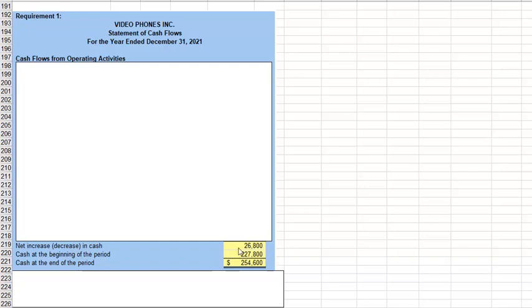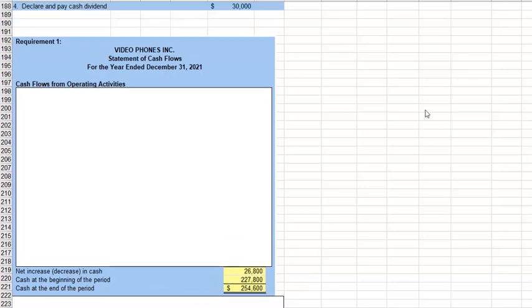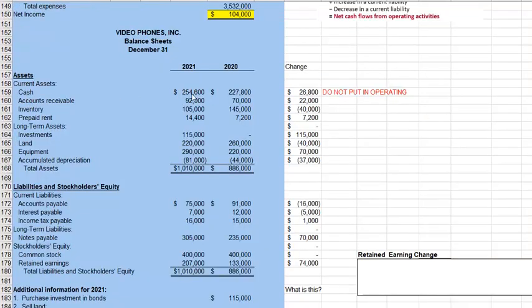If this is the amount of cash on midnight of 2020, it is the amount of cash we have January 1st at 12:01 in 2021. And we know our cash at the end of the period of $254,600. So cash, we have put this on our cash flow statement already. We are not going to double count this by including this in the current asset section.